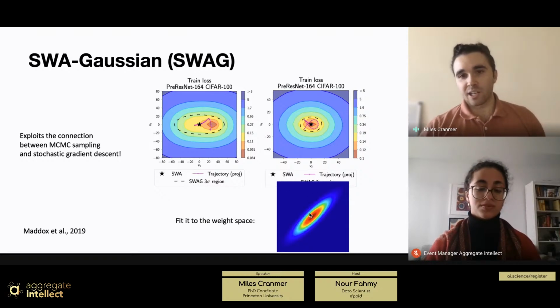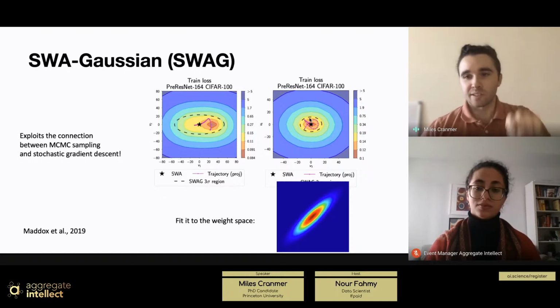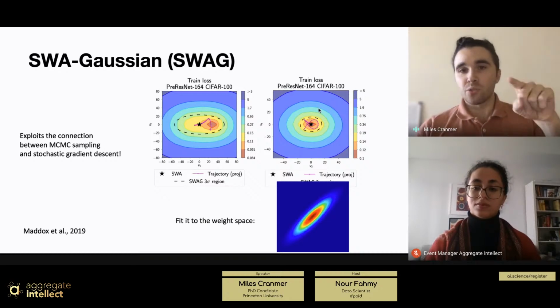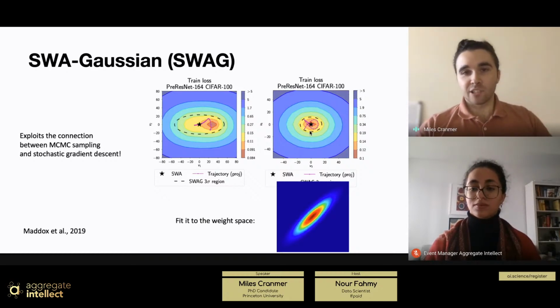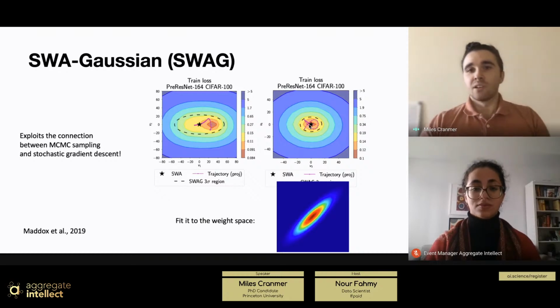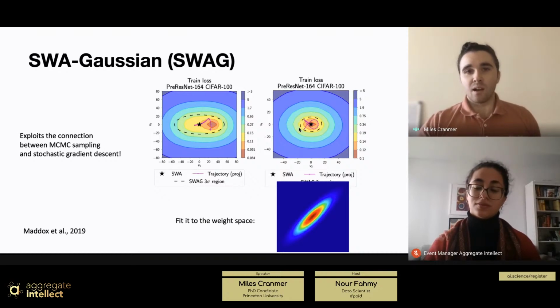A Gaussian is like this blob in your parameter space. So they track the optimizer as it moves around in the space, and you literally just fit a Gaussian to the minima. So it kind of looks like a Gaussian. You literally just fit a Gaussian to the space.